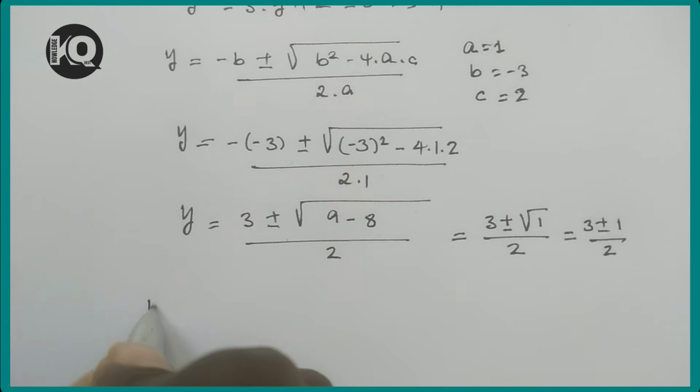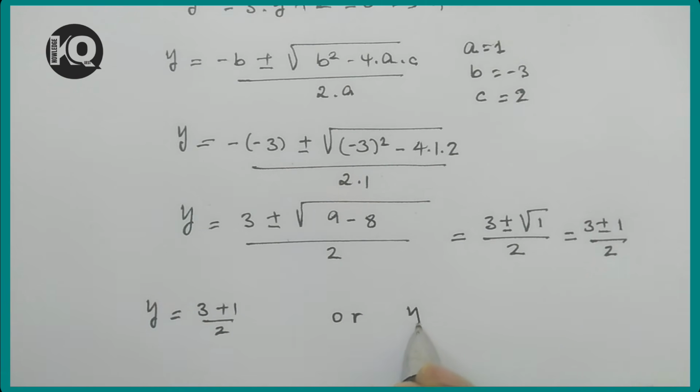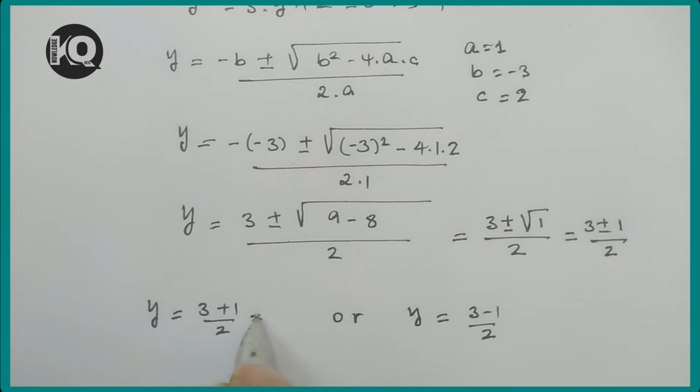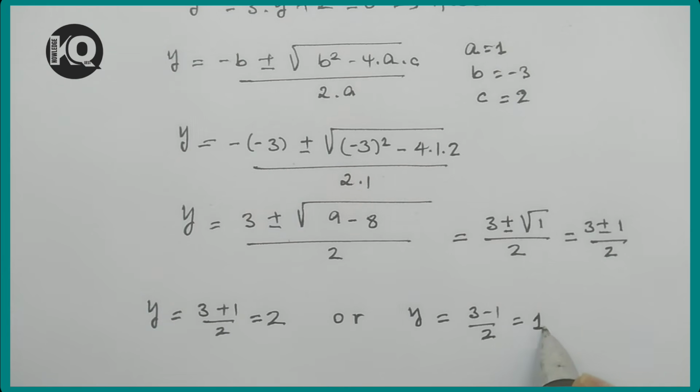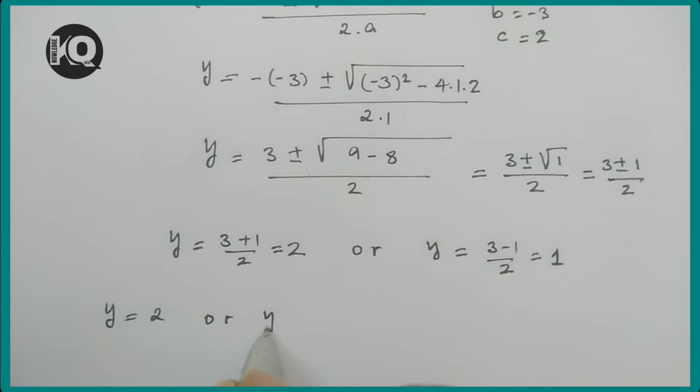So y is equal to (3 plus 1)/2, or y is equal to (3 minus 1)/2. This will be 4 over 2, which is 2, and 2 over 2, which is 1. So we have y equal to 2, or y equal to 1.